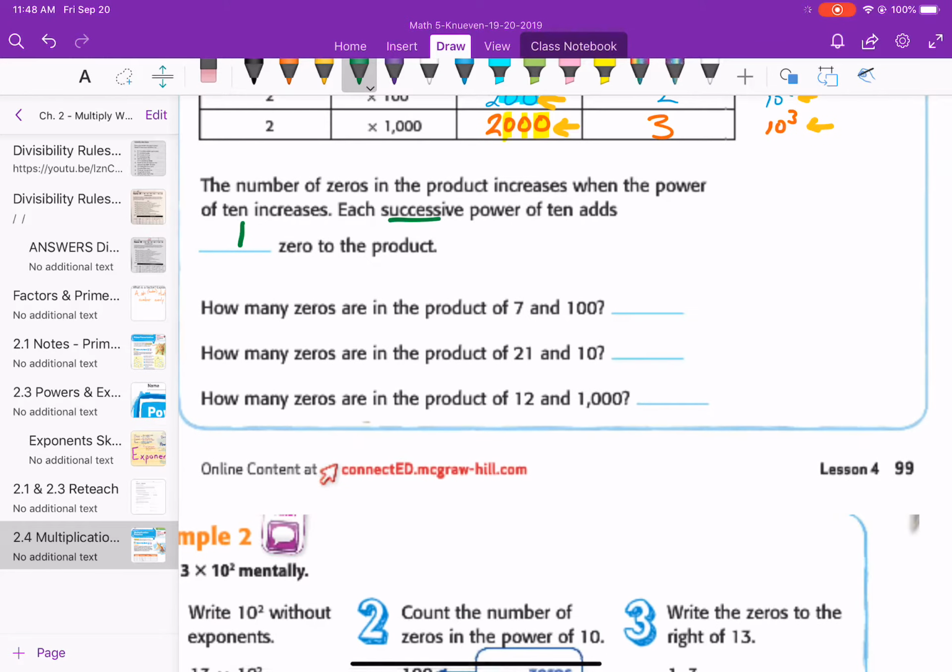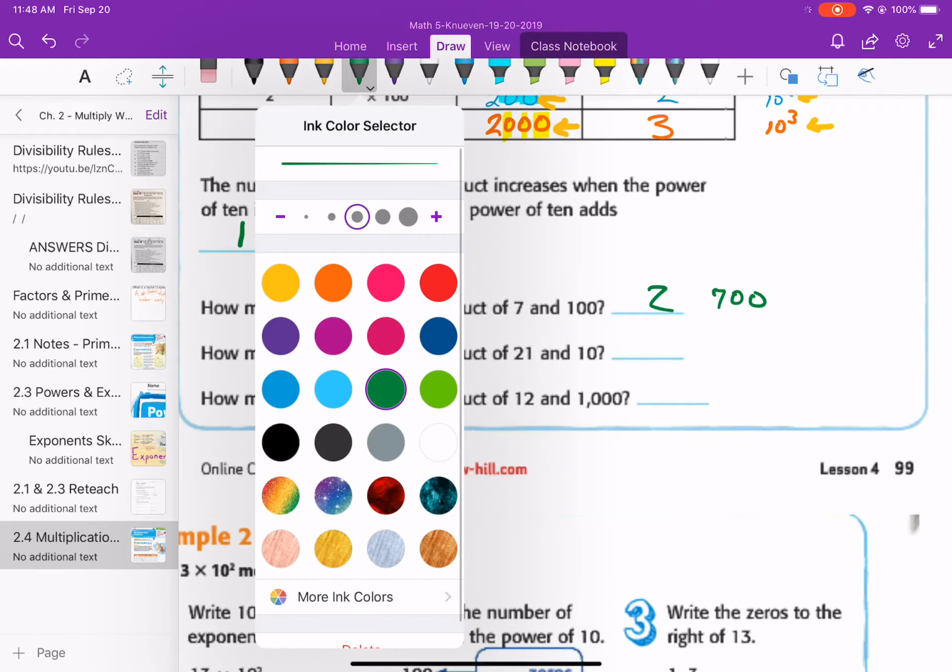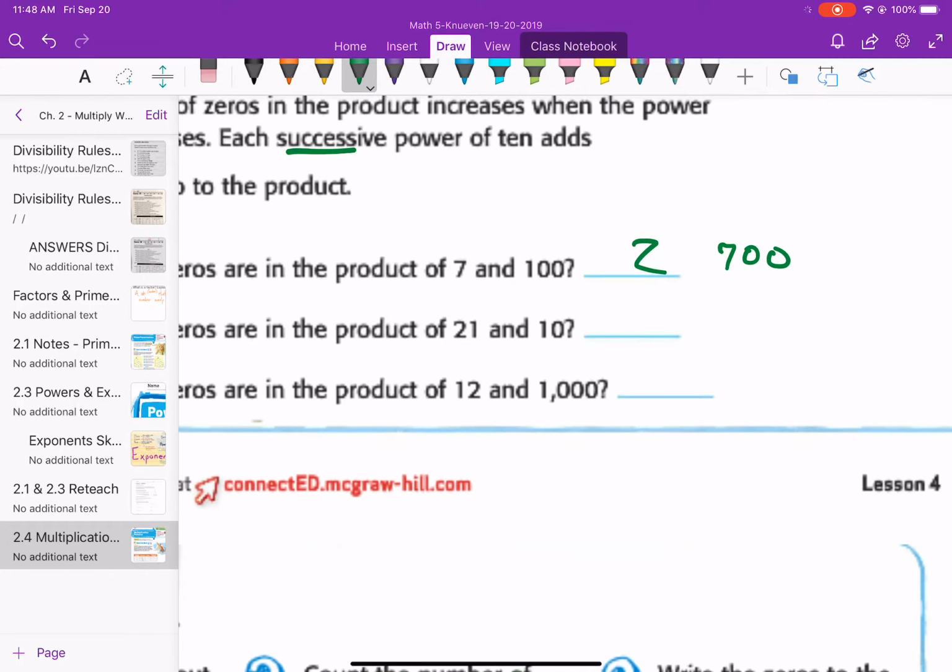So how many zeros are in the product of 7 and 100? If I multiply 7 times 100, I would end up with 700. So how many zeros will we have? 2, because I have 1, 2 zeros in 100. If I have 21, how many zeros do I have in 10?